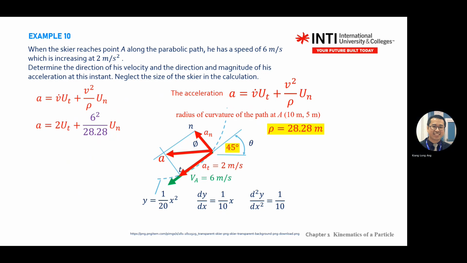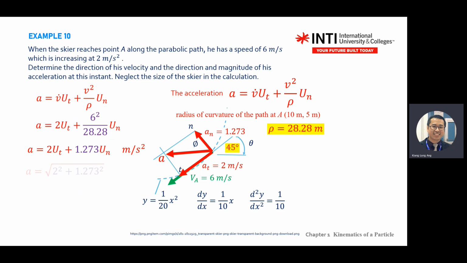If you calculate wrong in the curvature, then the rest is also wrong, because you are recycling the number. Okay, so then you calculate, you get one vector form. A equal to 2 something plus 1.2 something. One is in tangent, one is in normal. You need to find the resultant acceleration. So for the resultant acceleration, you square, plus, square root.